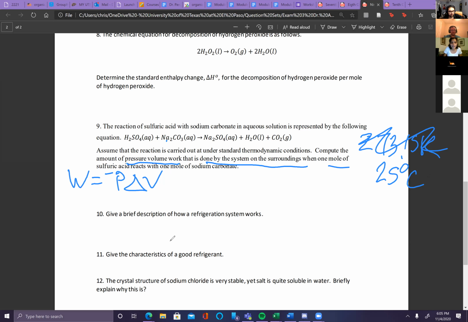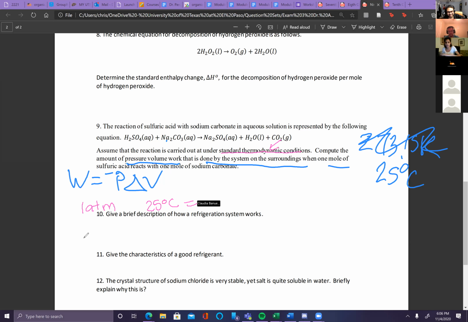Since it's talking about standard thermodynamic conditions, it even said it in that table where it gives you the enthalpies of the other ones. So you have 1 atm, and also 25 degrees Celsius, but converted to Kelvin, what is that, guys?